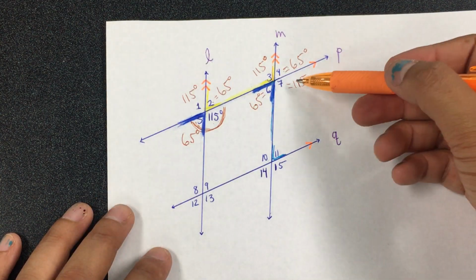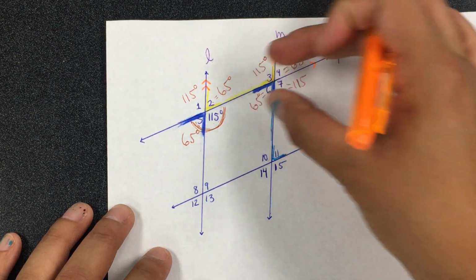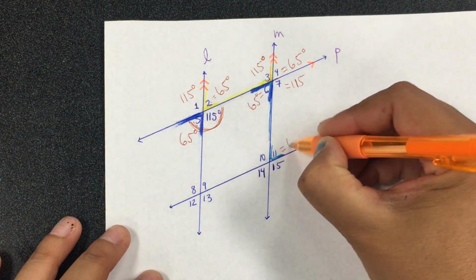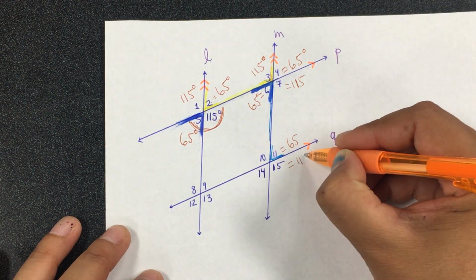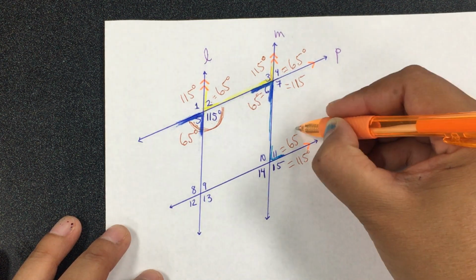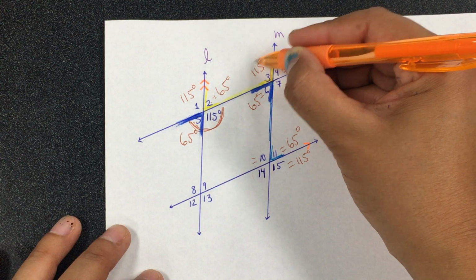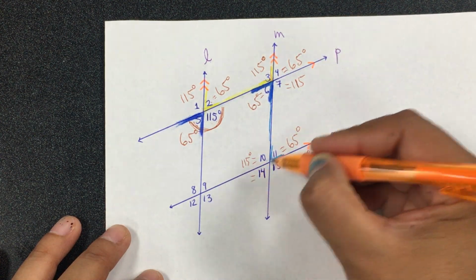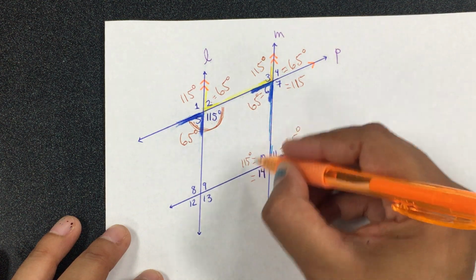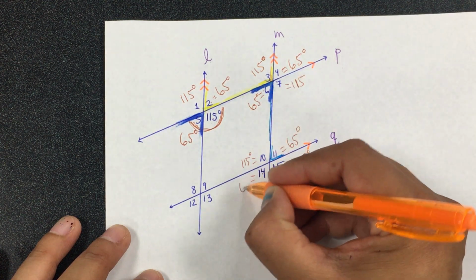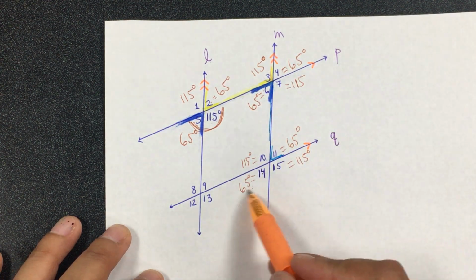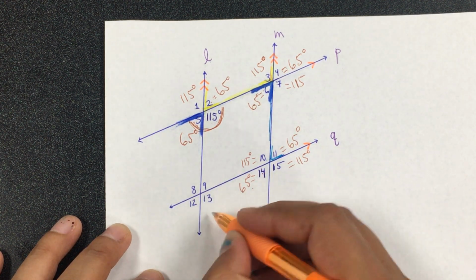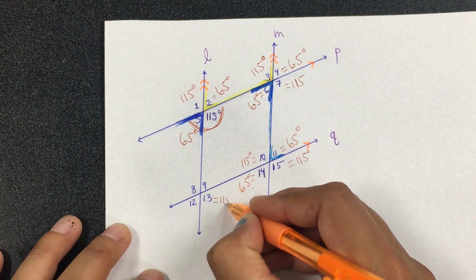So basically, we can just get all of this as corresponding and copy this in here. So 11 is 65, and down here is 115 degrees. This top is 115, only because they are all sets of parallel lines, and this is corresponding to this, which is 65. Okay, these are letter C, they're 180, so this is going to be 115.